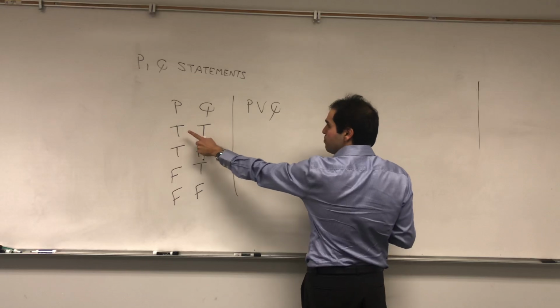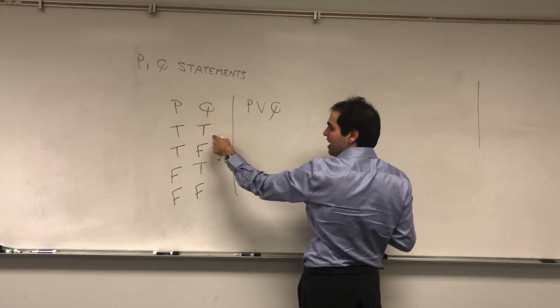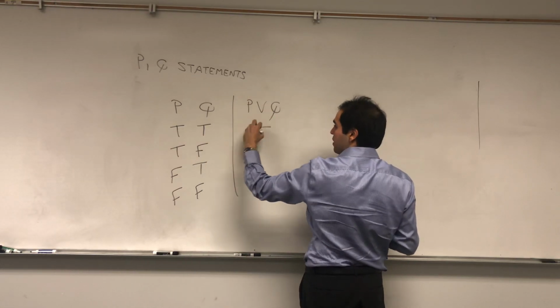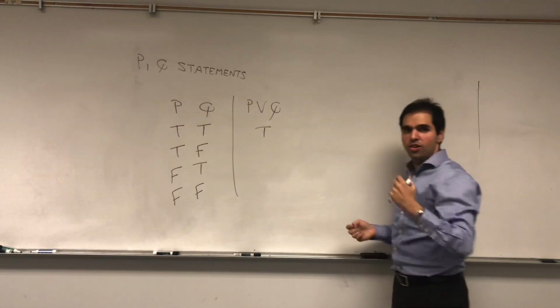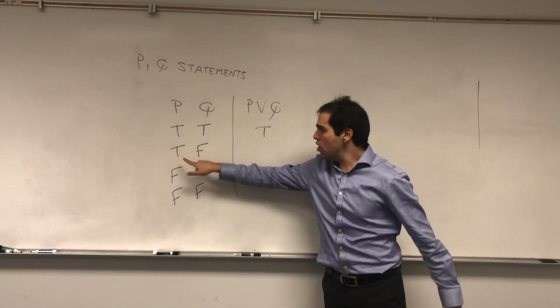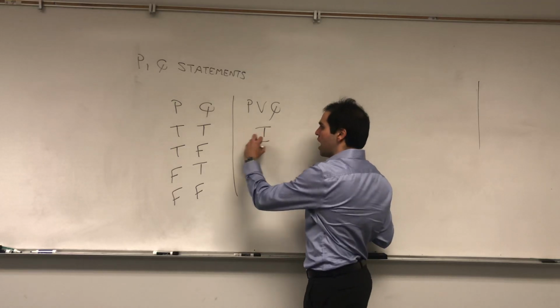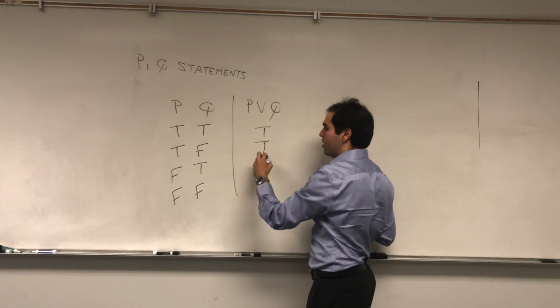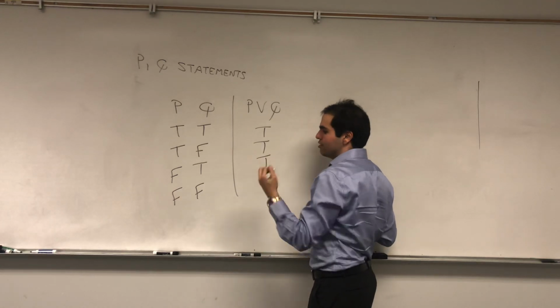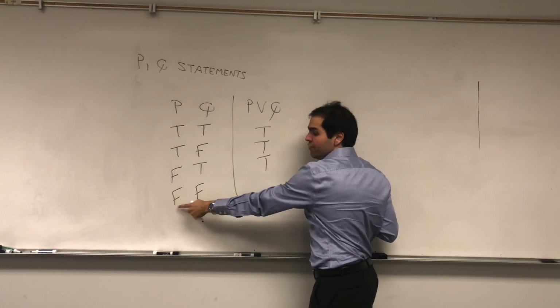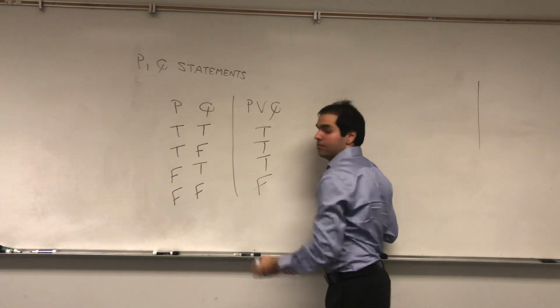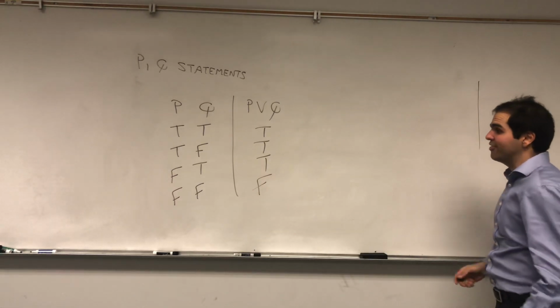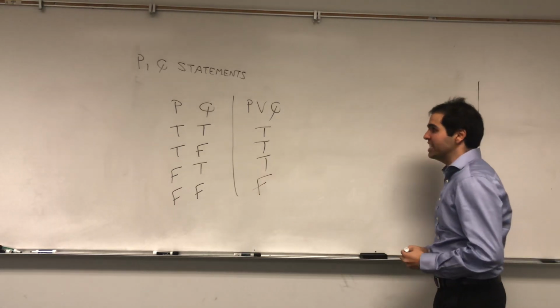If you get a Coca-Cola and a Sprite, then you're happy, because it's an inclusive or. If you get a Coke but no Sprite, you're still happy because you got your beverage. If you get no Coke but a Sprite, you're still happy, you get your Sprite. But if you don't get anything, then you're mad, because you don't have your beverage, and therefore we have F here.